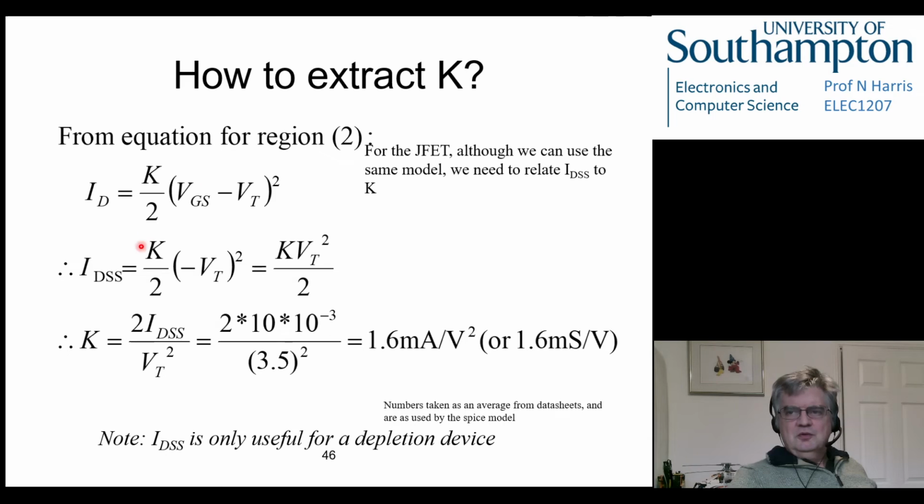And that gives us this equation here, which then becomes K VT squared over 2. And from that, you can obviously then calculate K from what's given in the data sheet. And so for this device, IDSS was given as 10 milliamps. VT was given as typically 3.5 volts, so we can calculate K from that as being 1.6 milliamps per square volt.